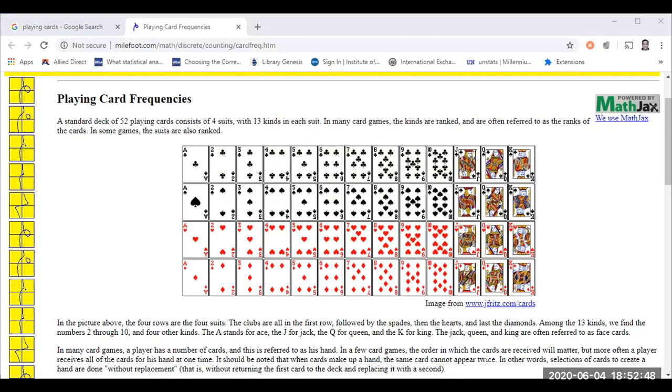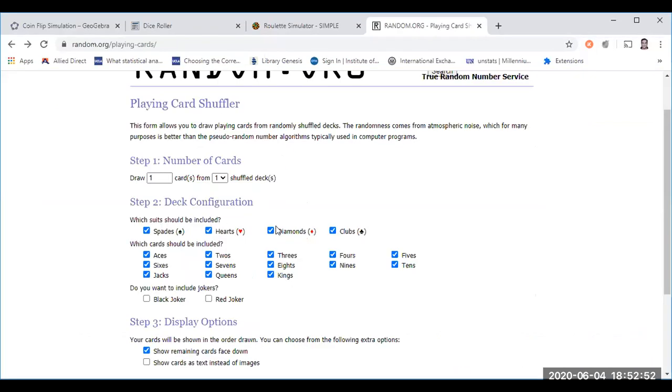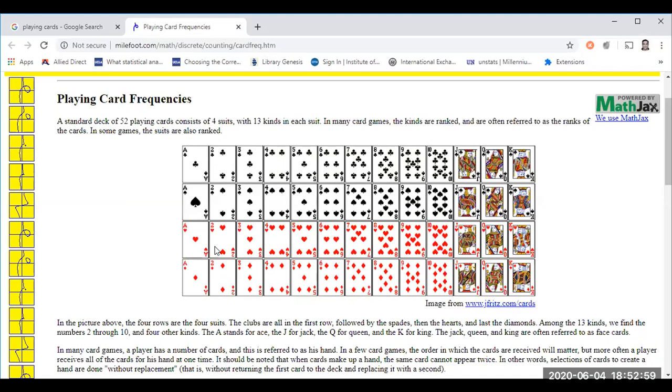Let me take you back to the simulator. You can see that there are spades, hearts, diamonds, and clubs.